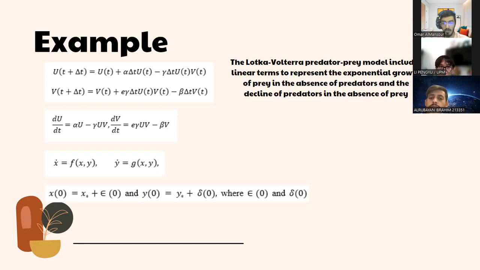And the last one is x0 equals x star plus epsilon 0, and y0 equals y star plus delta 0, where epsilon 0 and delta 0 are small perturbations. Next.